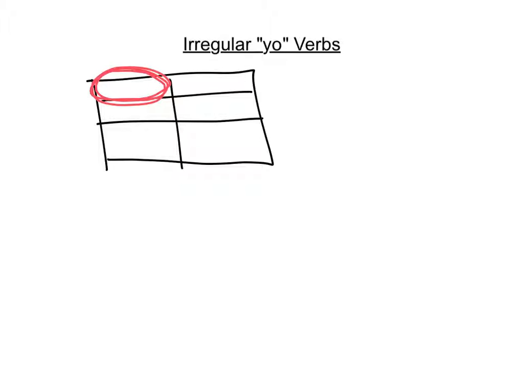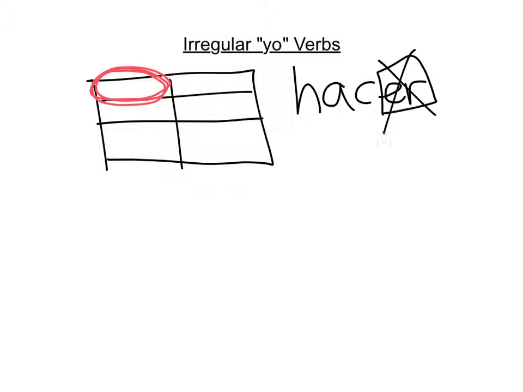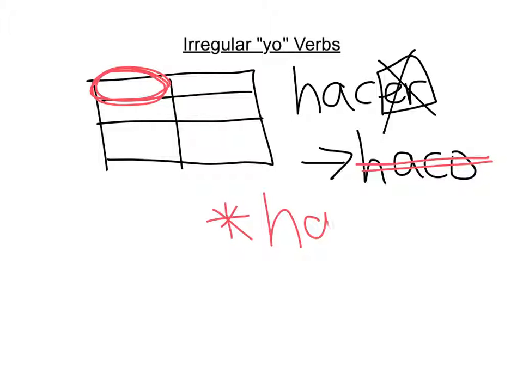Hacer would normally be dropping the ER ending and then adding o, es, e, emos, éis, en. So in the yo form, you would think it would be hago, but it's not. This is what we call an irregular verb. The irregular yo for this one is hago, yo hago. There's really no rhyme or reason to most of them, you just have to memorize them.